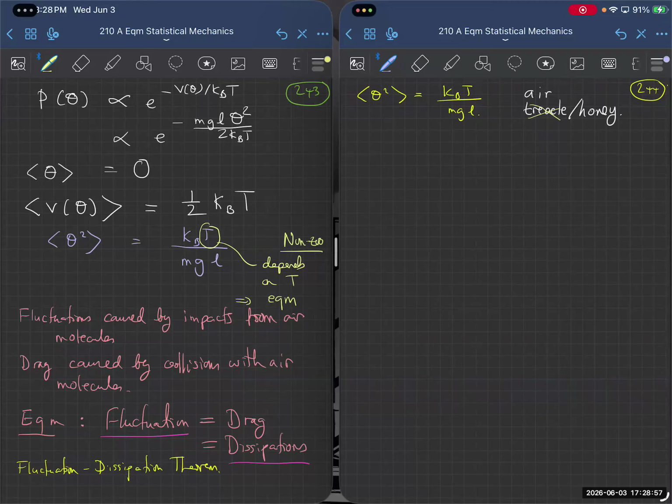You're saying that there's more dissipation in the honey? Because there's more drag, it's also more likely for the particle to... Yes, there's more drag because the honey is more viscous, but there are more particles hitting the pendulum and causing it to fluctuate. So they have the same cause and they cancel out.